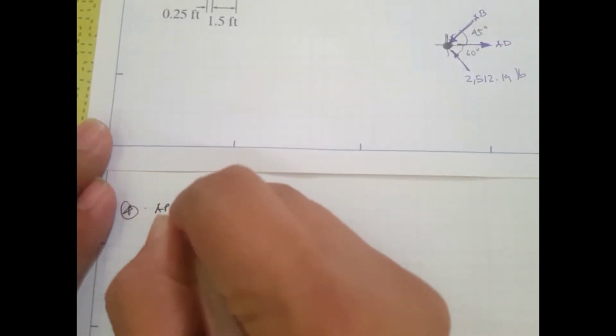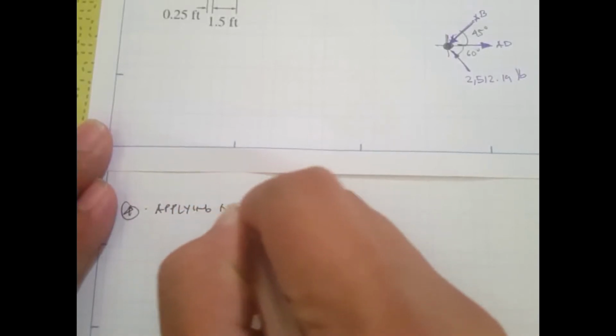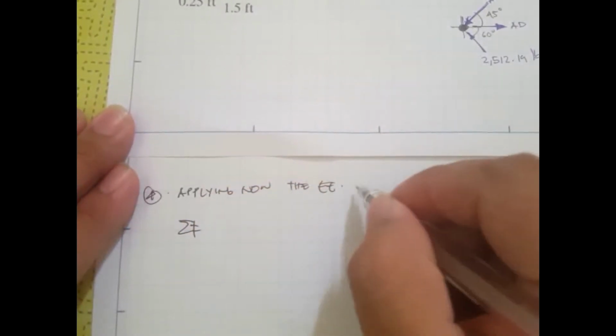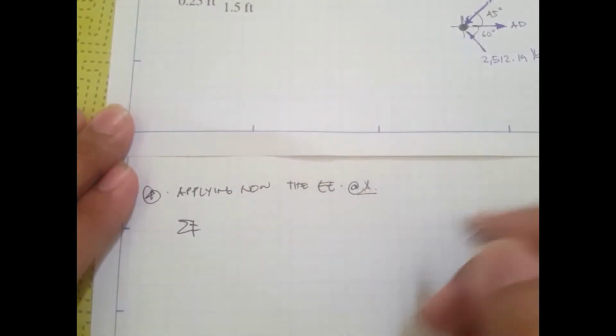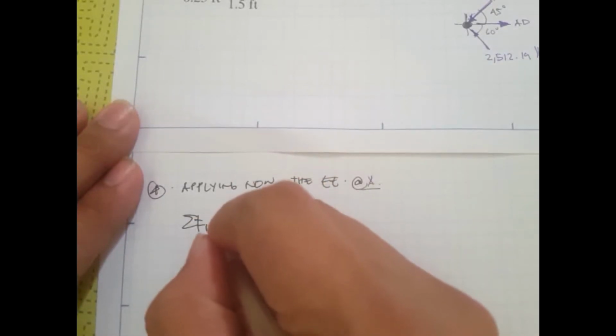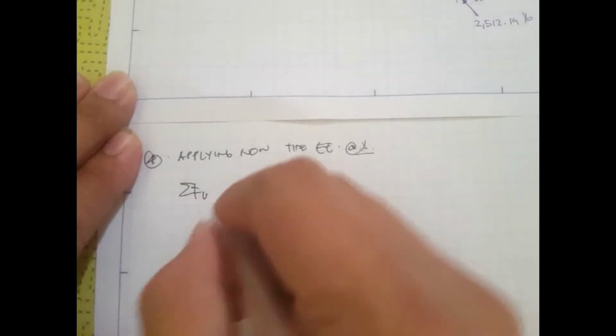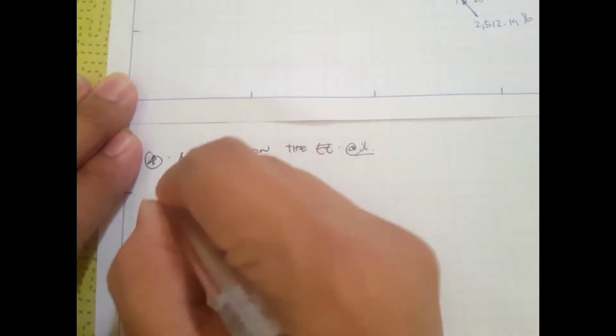Okay, so summation of forces, this is at joint A. I think we should start with y. Summation of forces y is equal to 0.